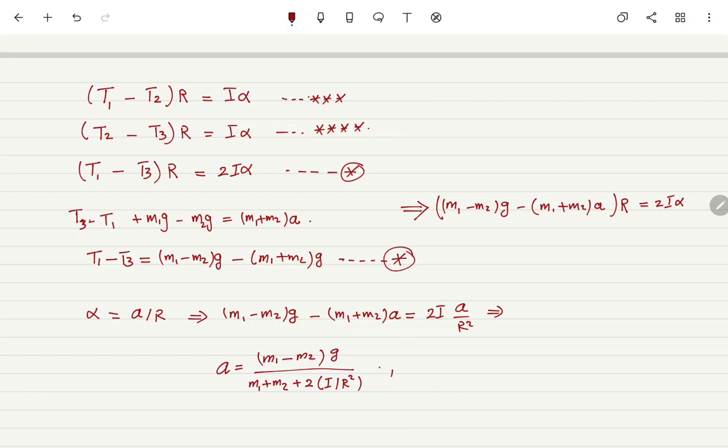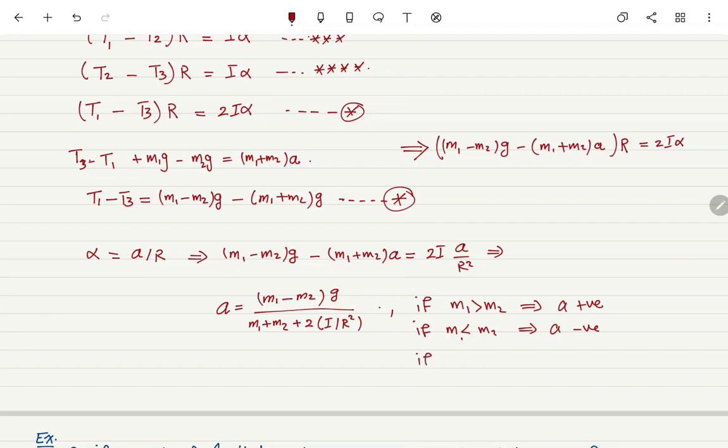Now notice that if M1 is greater than M2, it means the acceleration is positive, which means the left block accelerates downwards. But if M1 is less than M2, in this case the acceleration is negative and the right block will move downward.